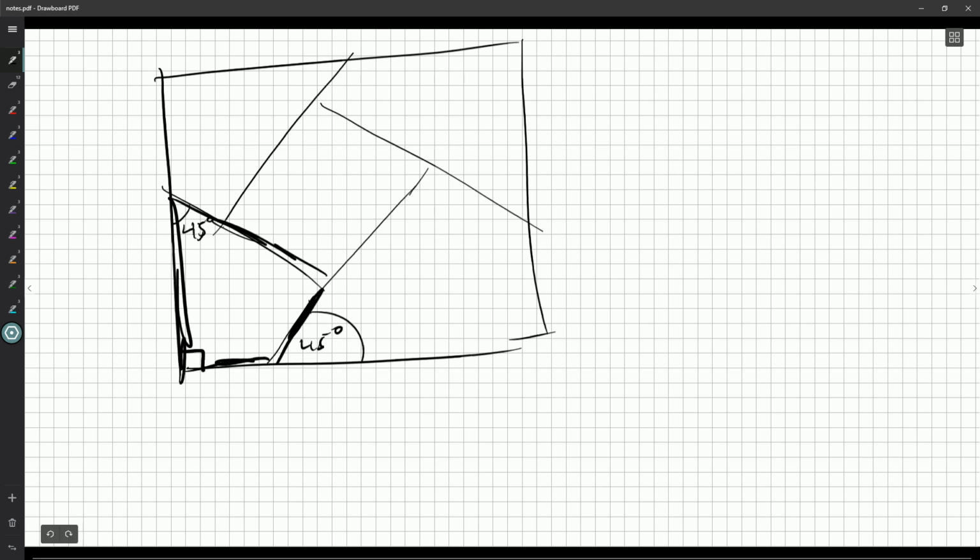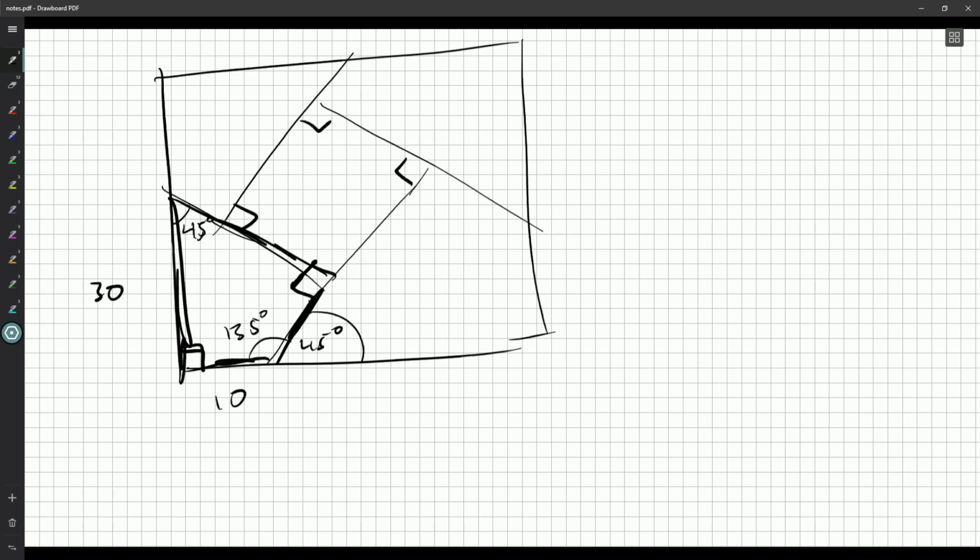If this is 45, this must be 135 in order to get a full line. 45 plus 135 is 180. This 90 gives me 270. We must have a right angle here. So we get a right angle here, here, here, and here. So it's at least a rectangle. But by symmetry, you can see it's going to be a nice little square.